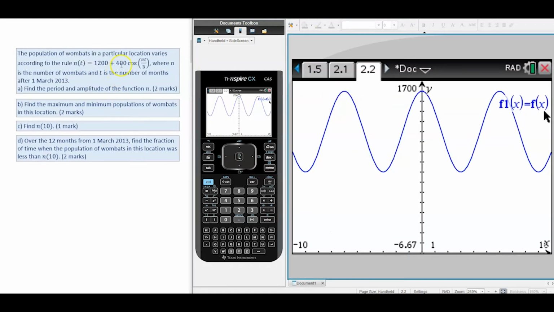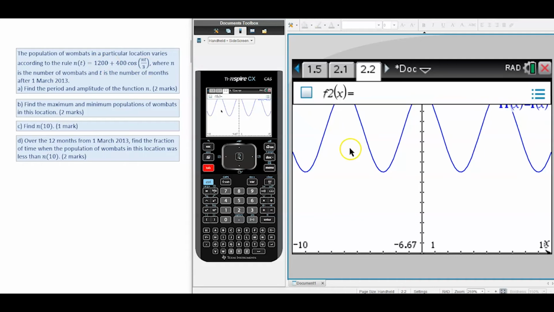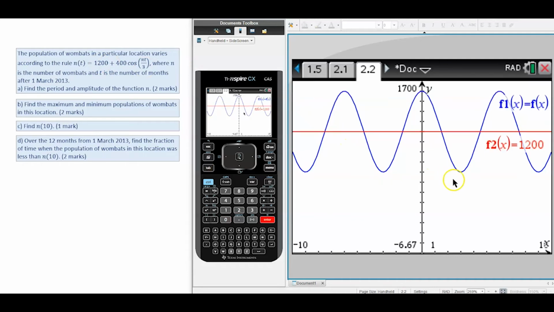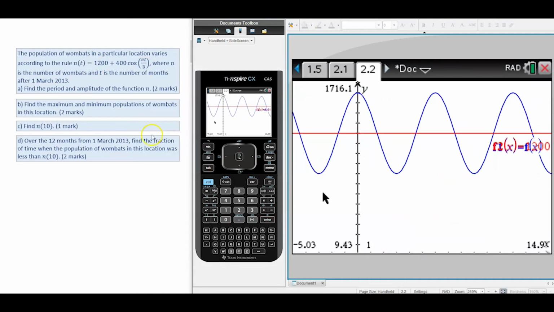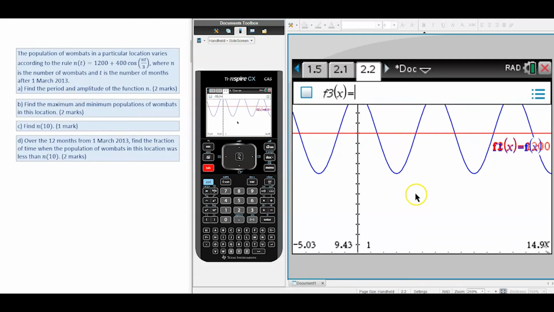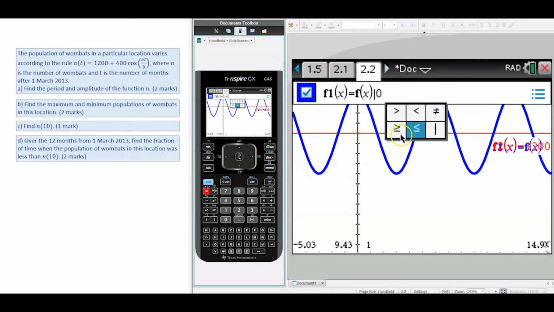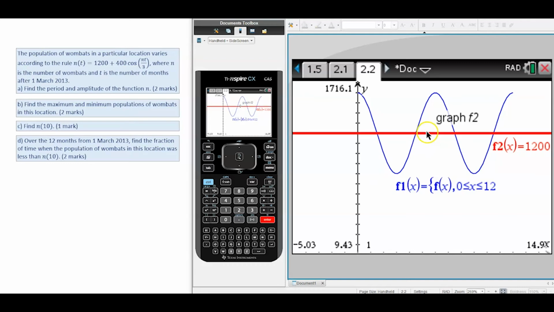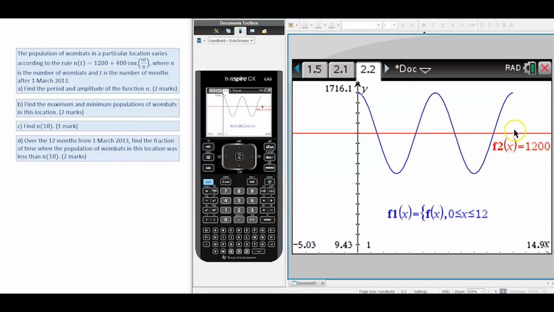So if I actually type in 1200 here, you can see it's splitting the middle there. And we're doing number of months, so that's where t would go up to 12. So again, if I wanted to, I can do my domain here. So here we go. And there we go. That's our single year that we may be looking at. I'm just going to leave that there for the moment.